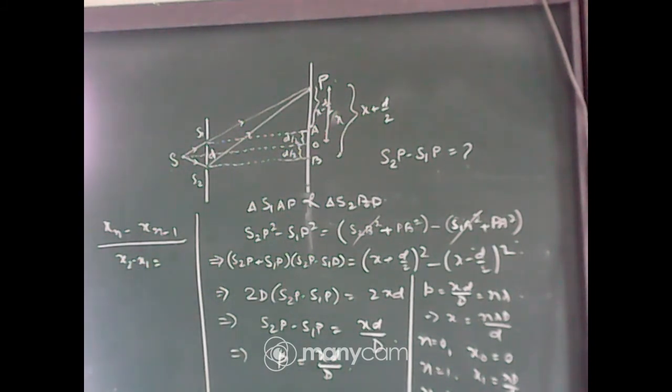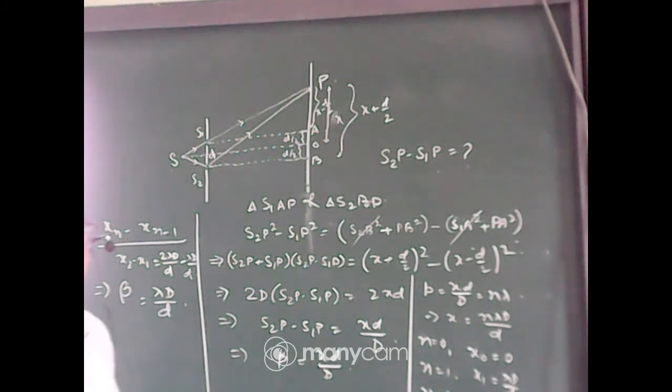What will be its value? 2 lambda D by d minus lambda D by d. That value will be beta equals lambda D by d.